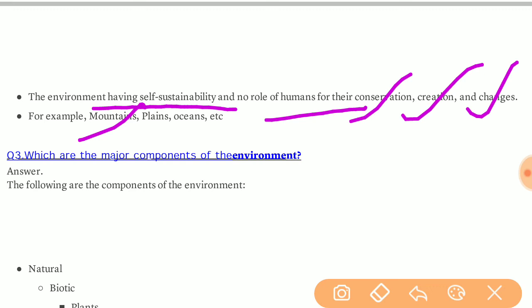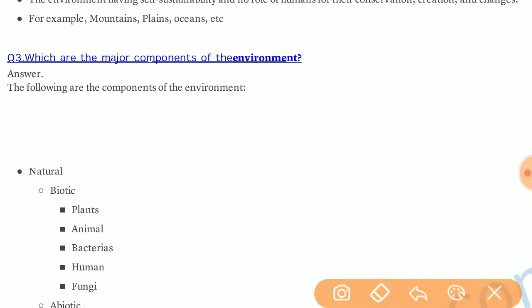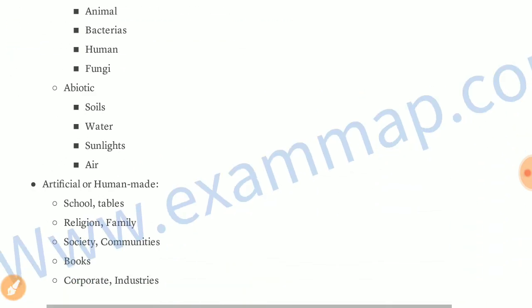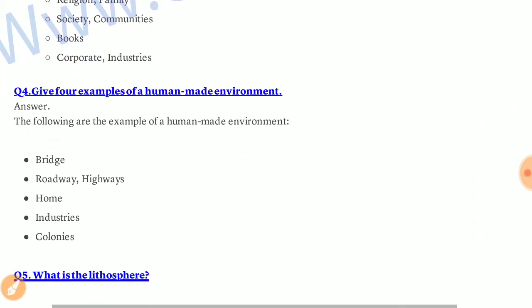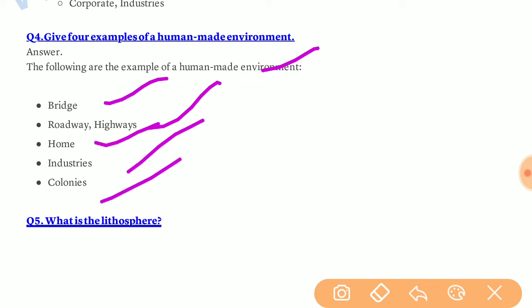For example, mountains, plains, oceans, etc. Components of natural environment are biotic and abiotic, and the second component of environment is artificial or man-made environment. Give four examples of human-made environment: bridges, roadways, highways, homes, industry and colonies.